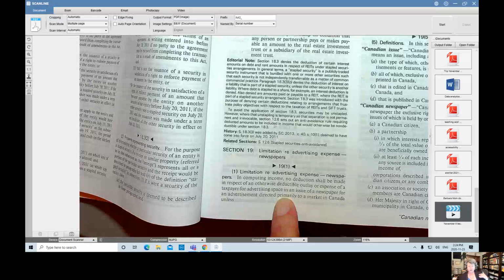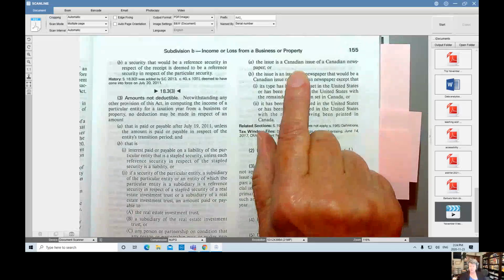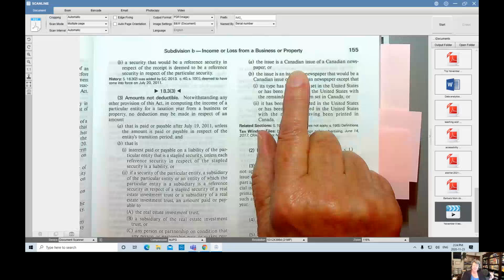So they're saying, all right, if you're advertising in an issue of a newspaper and the market you're targeting with the ad is Canadian, then that better be a Canadian newspaper. What they're talking about is if you're advertising in a Buffalo newspaper.